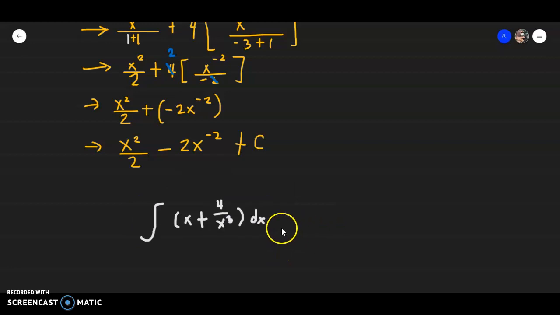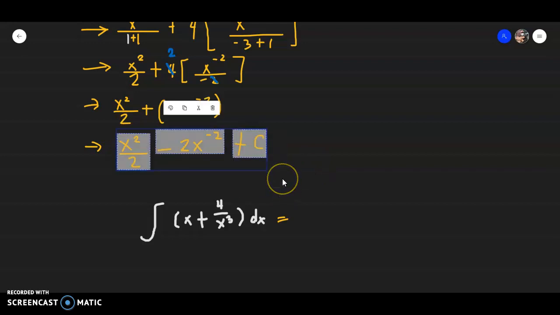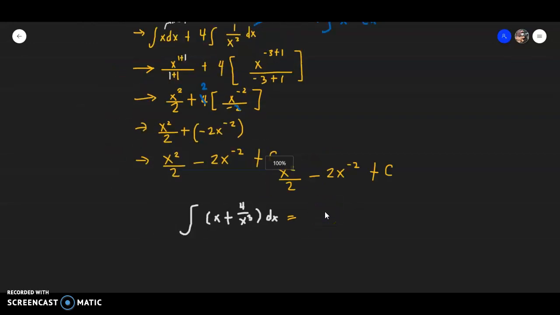Ito, ang antiderivative of x plus 4 all over x cubed dx ay equal lang siya sa, copy natin to.